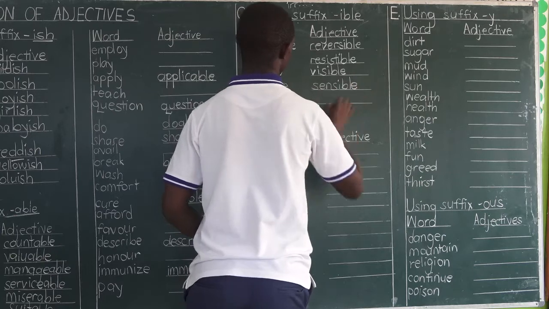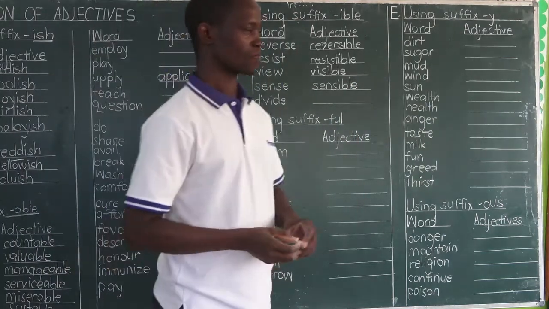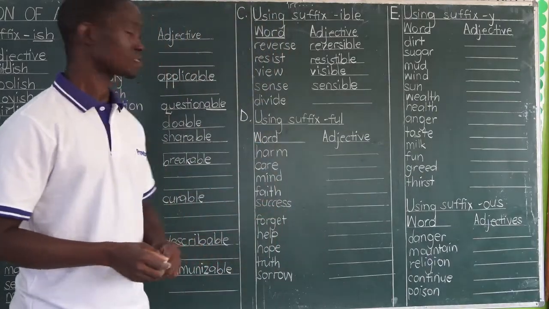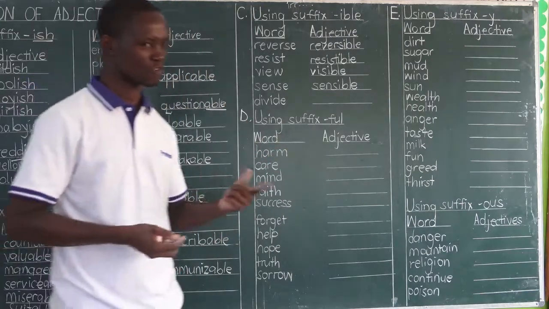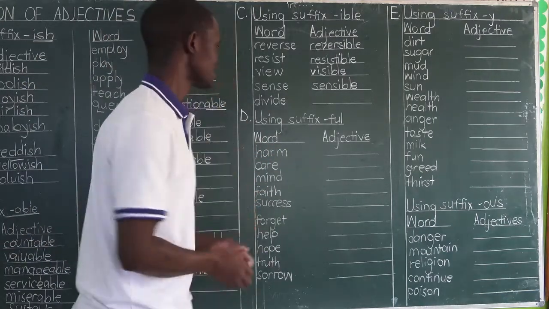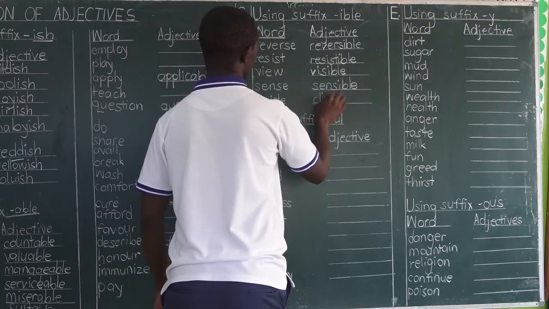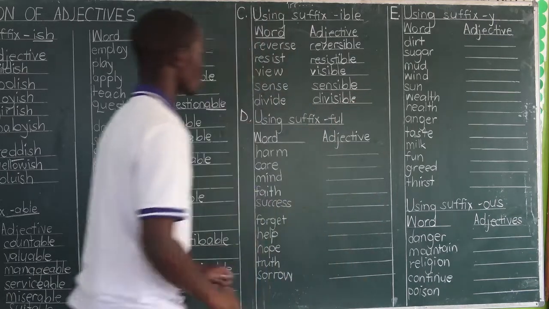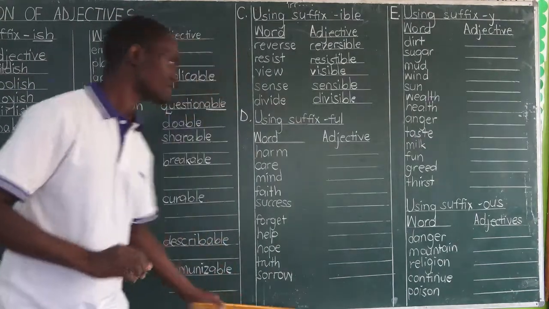Sensible sentences contain sense in them, contain meaning in them. Those are sensible sentences. We have the next one, which is our last in the list, divide. From divide, we don't have dividable, but divisible. Divisible is our adjective from the verb divide.